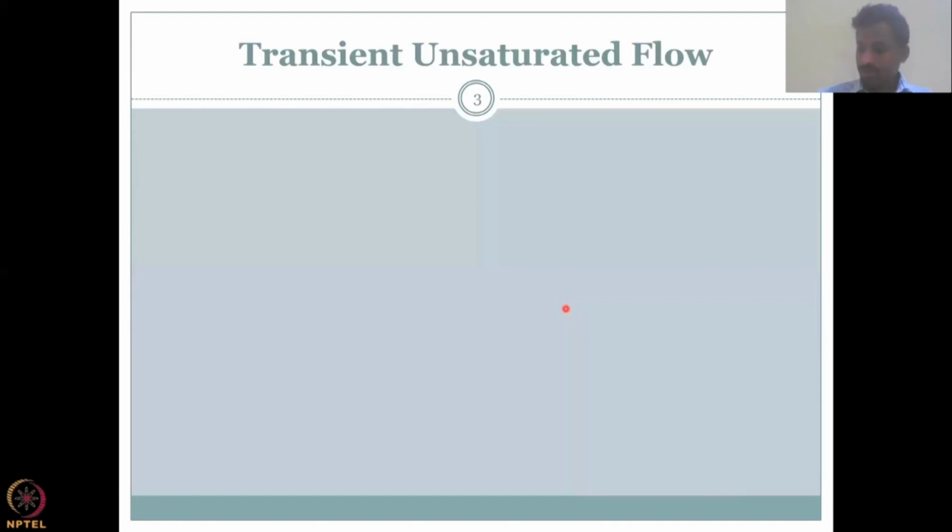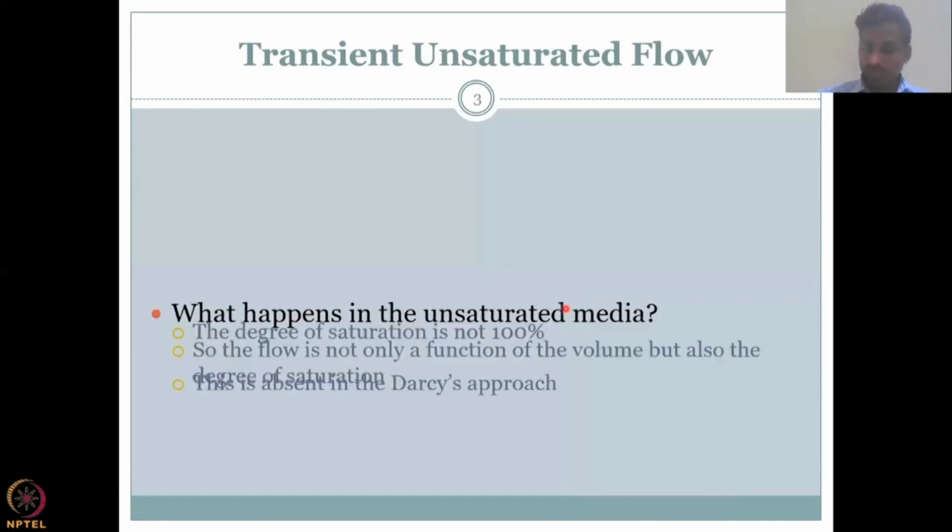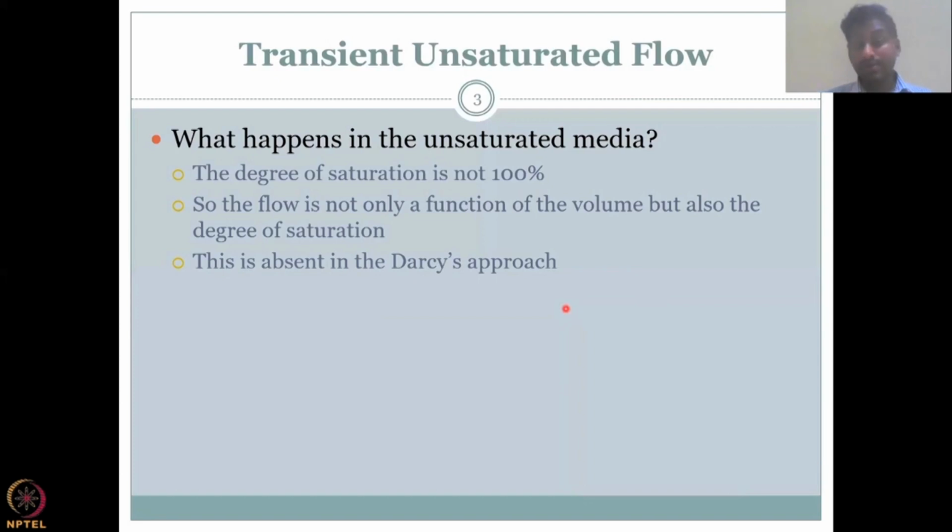Moving on, we have to define what happens in the unsaturated media. The degree of saturation is not 100%, which means inside the pore space, there could be some air volume present and or water volume present. So it is not 100%.